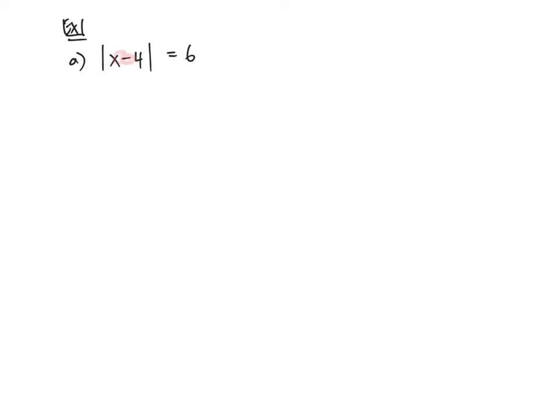So what it's asking is, what does x minus 4 have to equal in order for the absolute value to equal 6? x minus 4 could either be 6 units away from 0 on the left side, or 6 units away on the right side.